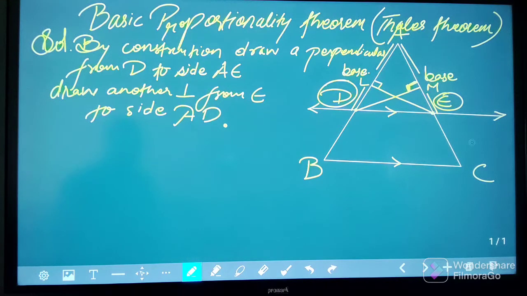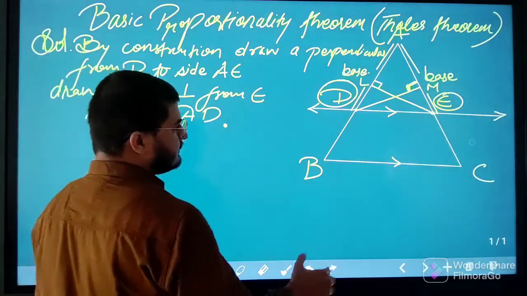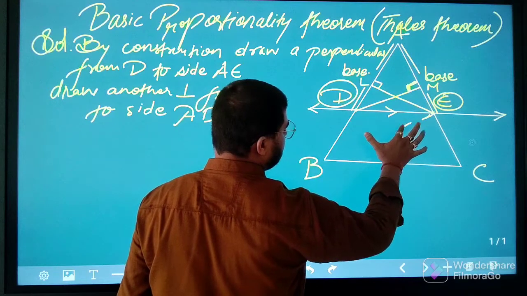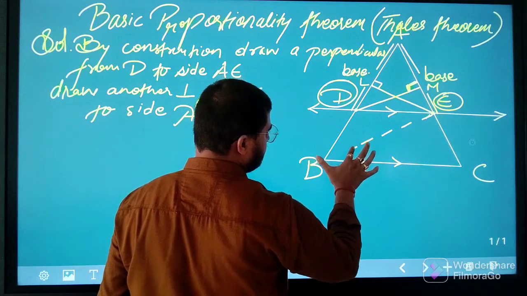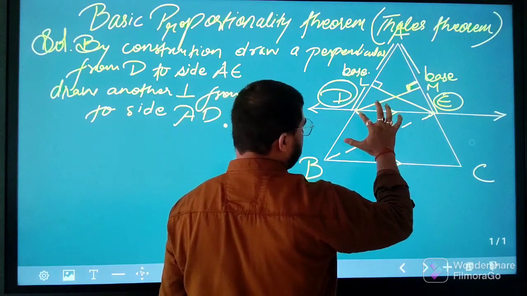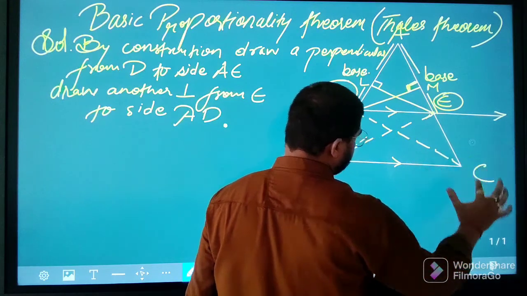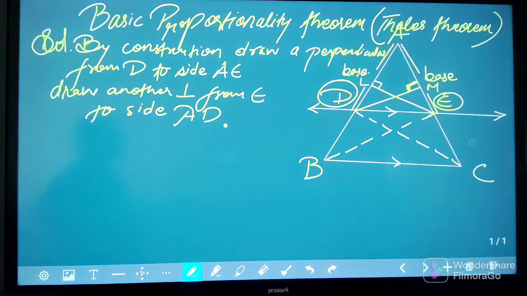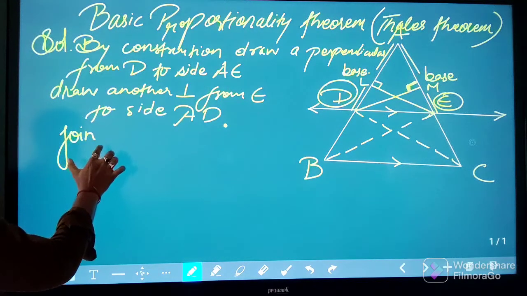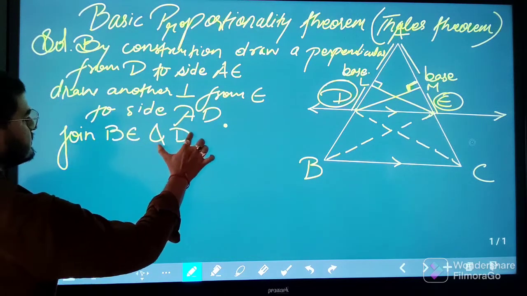Further, what you need to do is connect point E with point B, and point D with point C. Join BE and DC.